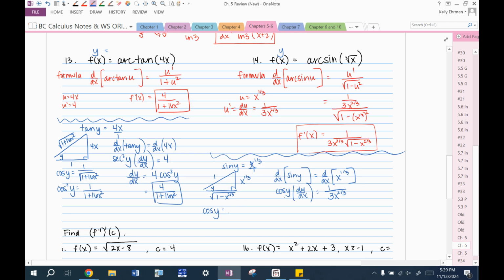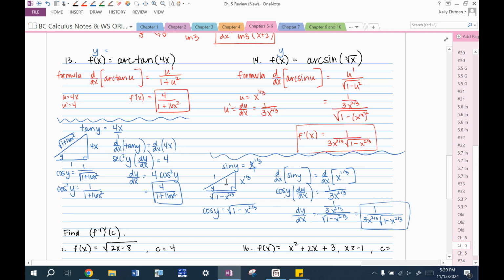It's adjacent over hypotenuse, so it's just the square root of 1 minus x to the 2/3. And I'm going to divide that over to the other side. So see how I end up in the same spot? And then, of course, we'll clean that up: 3x to the 2/3 square root of 1 minus x to the 2/3.